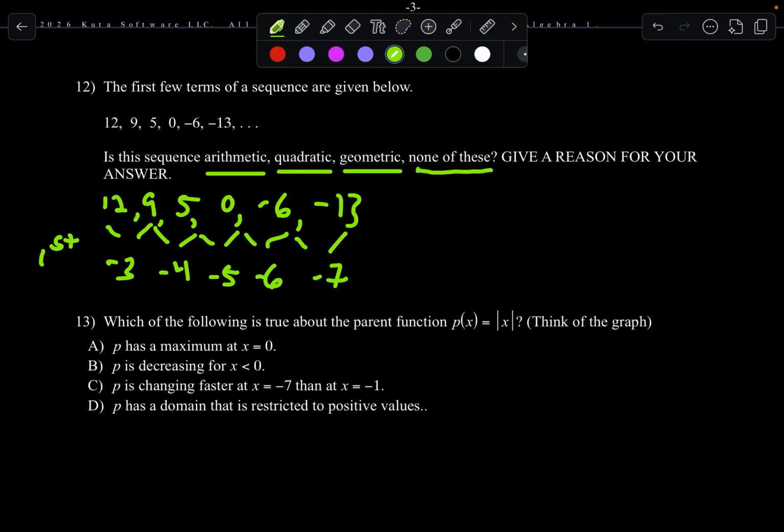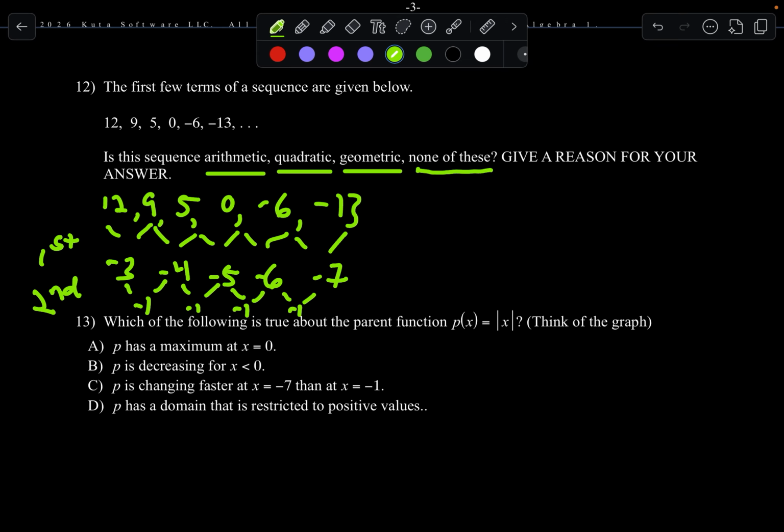So we check the second difference. And we see -4 minus a -3 is -1. -5 minus -4 is -1. Each one of these differences turns out to be -1. This is the second difference.